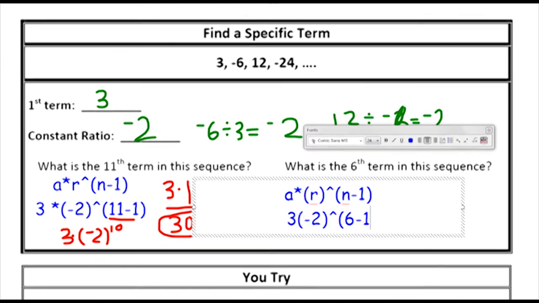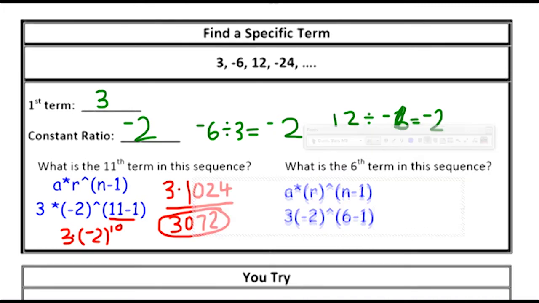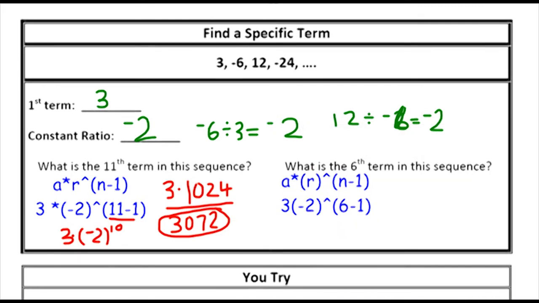Take care of my parentheses first. So 3 times negative 2 to the 5th power. Take care of your exponents. Negative 2 to the 5th power becomes negative 32. Again, watch those parentheses. And I am left with 3 times negative 32. You should end up with negative 96.